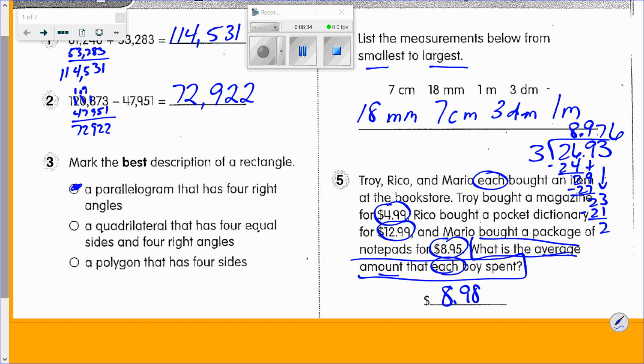No, that's more like 5. 4.99 is almost 5. So that's 13 plus 5 is 18. Plus 8 is 26. I took a penny away from each of those, so I take 2 pennies away from this to keep it equal. Makes it 26 and 93.